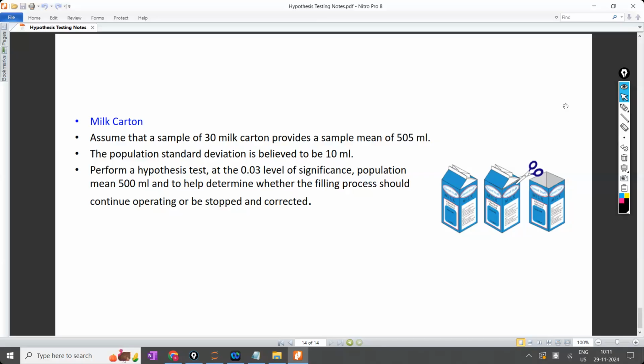Null and alternate hypothesis. Completed? Done?